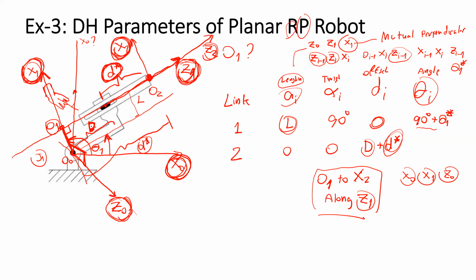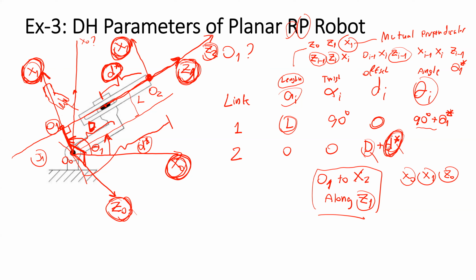But it depends on how you define the constant in your robot. If you want to define D, you will have D plus the joint variable. If you ignore D and you measure D star for the whole length of the offset, you just use D star.